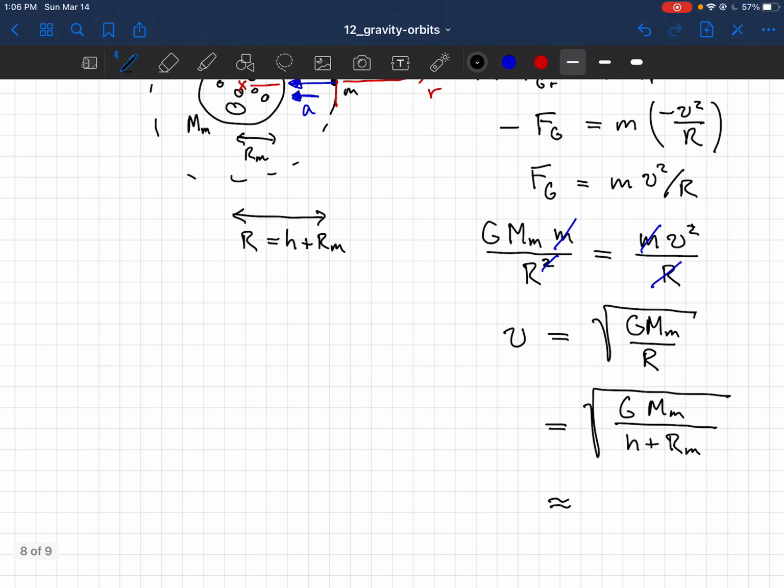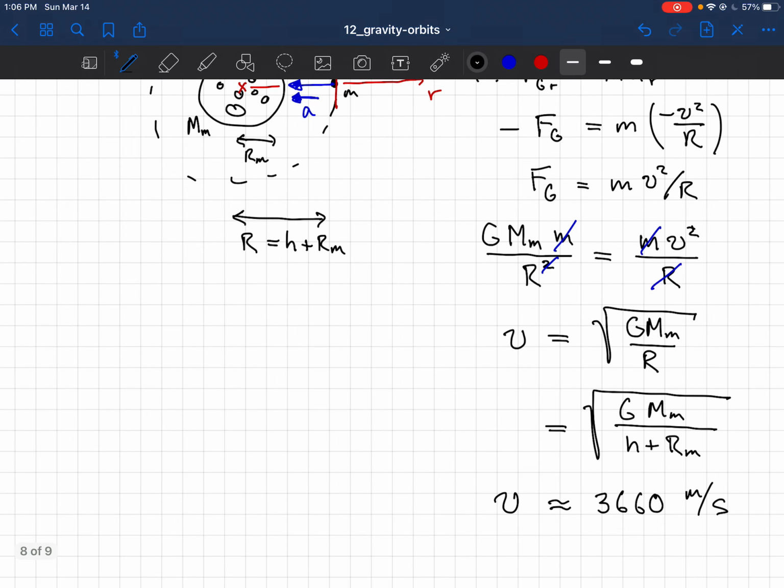And it is not squared because we canceled out some R's there. So that, and then we take the square root of that. And we find that the answer is 3,660 meters per second.